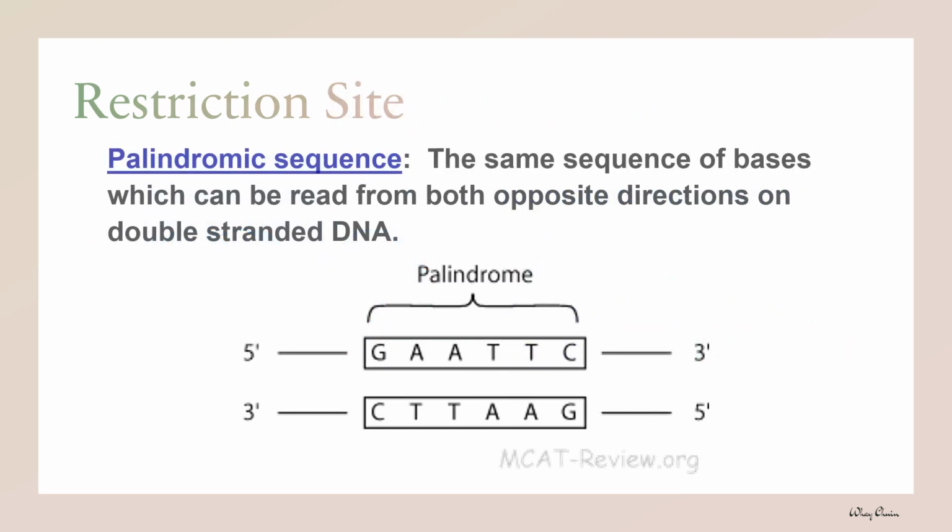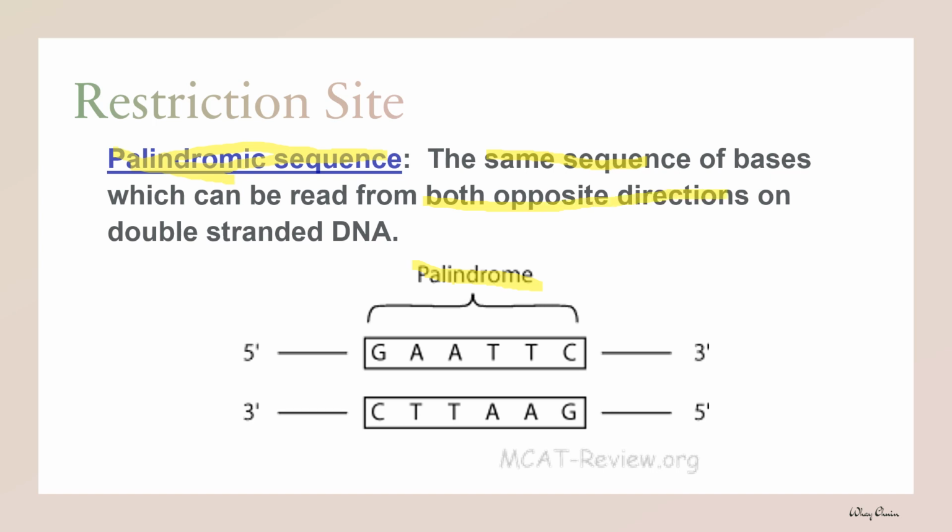Restriction site yang dikenal pasti oleh restriction enzyme bukan sahaja they are short base pair sequences, but they are also palindromic sequences. So apa maksudnya palindrome? Means that if we read the base sequences, they show the same sequence from both opposite directions.